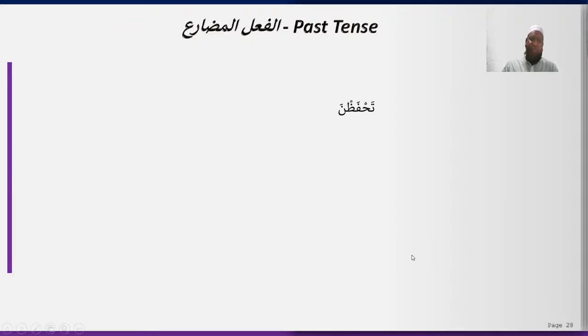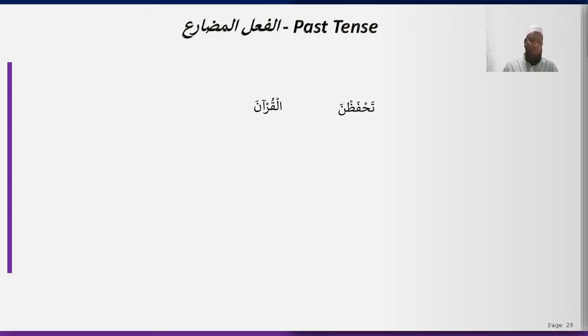Next, تحفظن القرآن. What siga is this? By looking at it, we see that the ta can be for ghaib muannas. It also can be for the mukhatab, for all sigas for mukhatab. Look at the last, we have the noon, and before the noon we have a sukun, so mabni ala sukun.